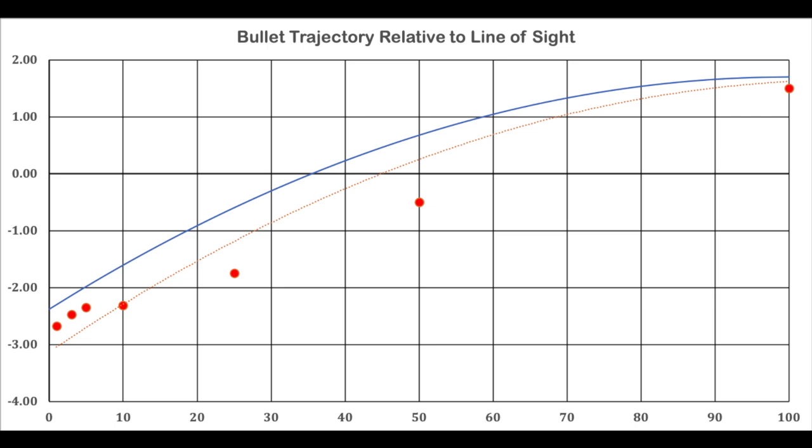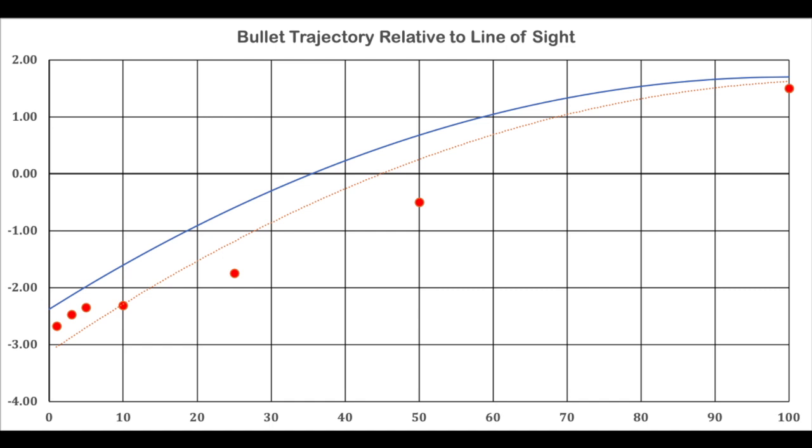The blue line are the predictions of the model. The red dots are our actual data points from testing with the 223, and then this dotted red line is a best fit parabolic curve that's been fit to our data points. Honestly, these data points deviate more than I was expecting from a nice parabolic curve.